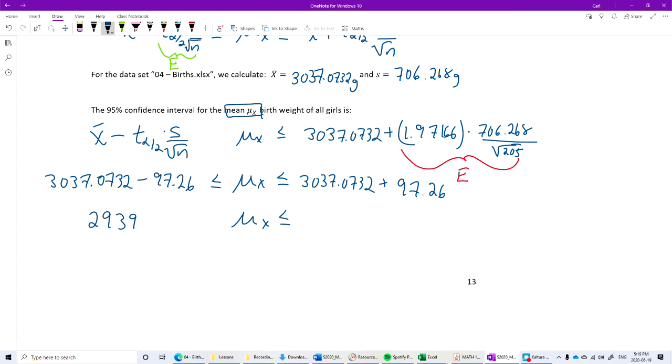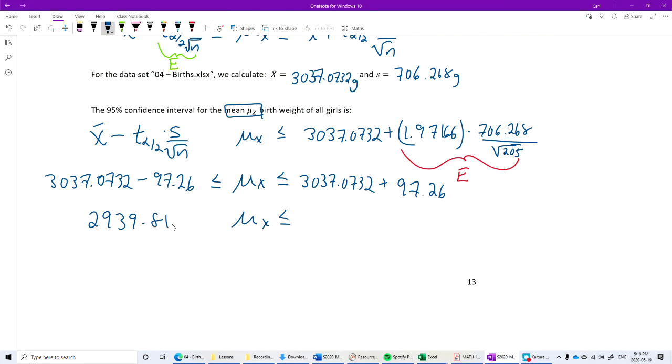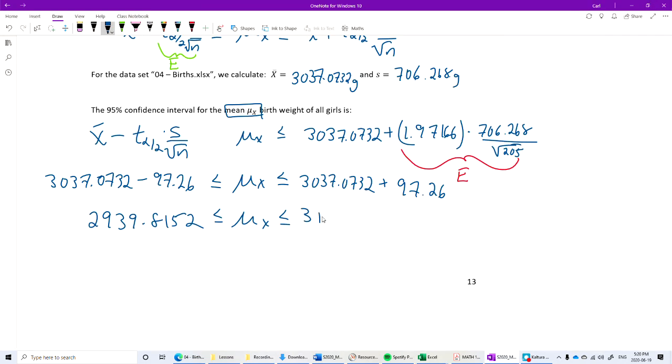Well, let's write out the number and then I'll round it. 2939.8152 up to 3134.33. And we're going to round these to 3 digits here, because the original data had 2 significant figures.